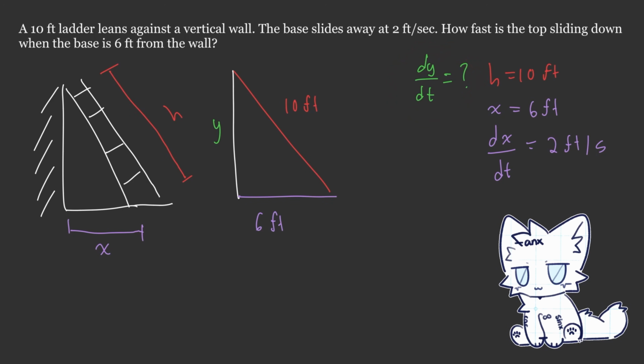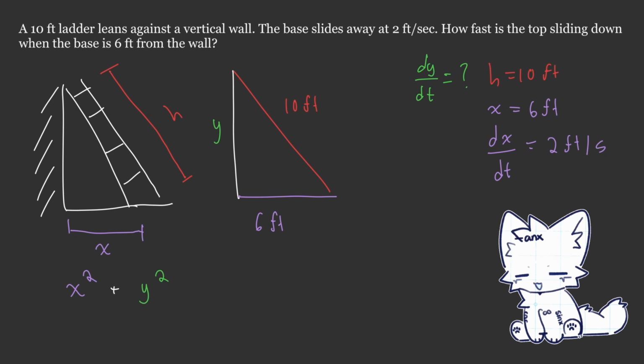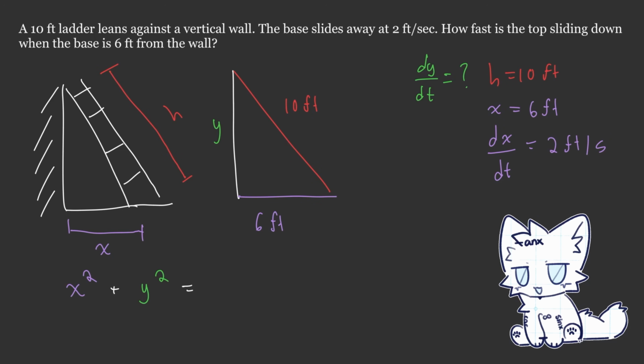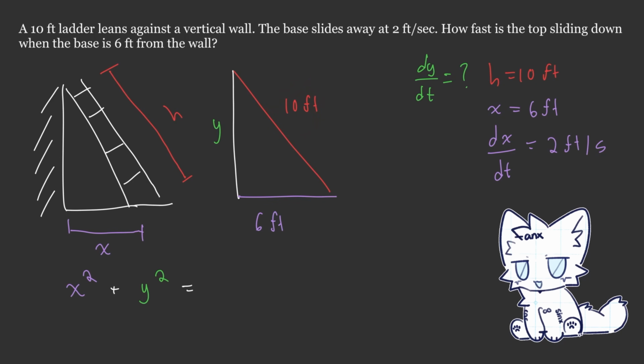Again, the Pythagorean theorem: a squared plus b squared is equal to c squared. Let's change it a bit due to our situation. x squared plus y squared is equal to the hypotenuse squared, so that would be 100.